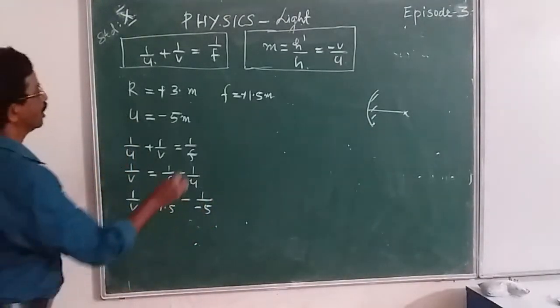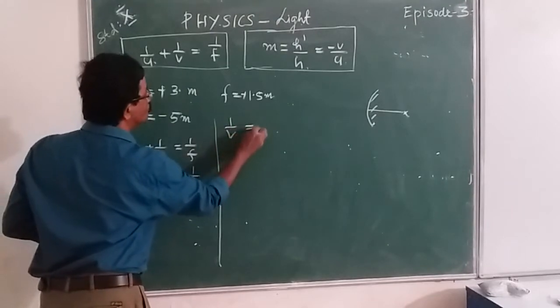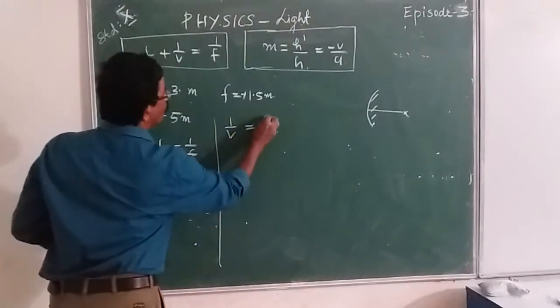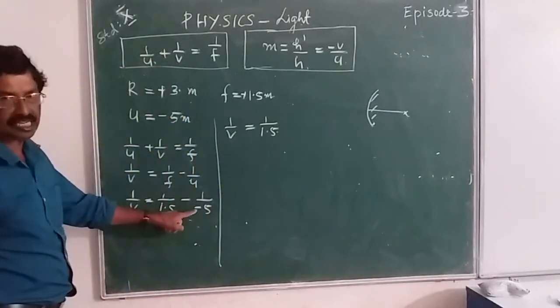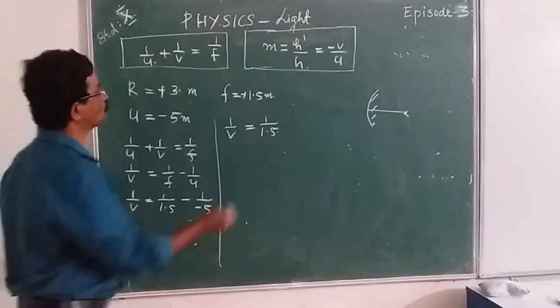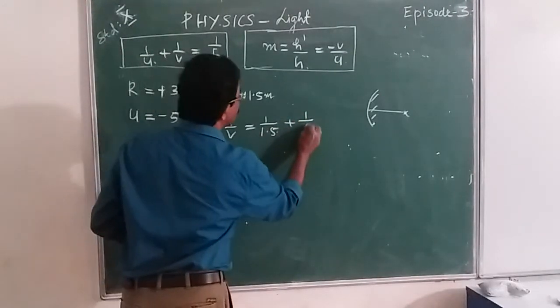Now again, 1 by v is equal to 1 by 1.5 minus 1 by minus 5, and minus minus becomes plus, so plus 1 by 5.